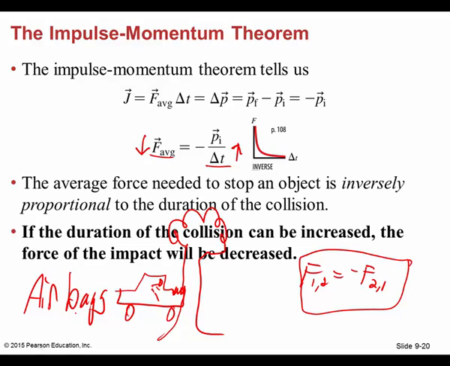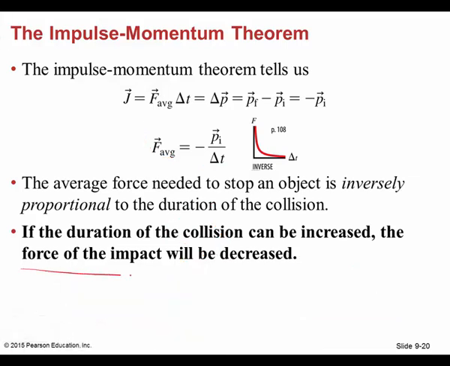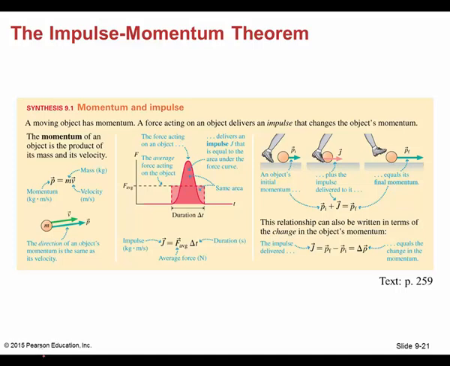So it catches you, your face hits that airbag, and it increases the time interval between the collision and you hitting the steering wheel. And that causes a decrease in the impact force. All right, I hope that makes sense. That's why we use airbags.